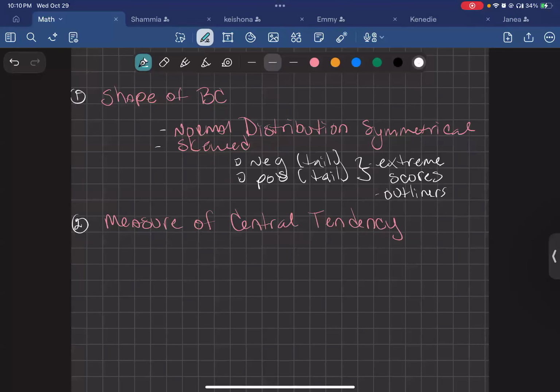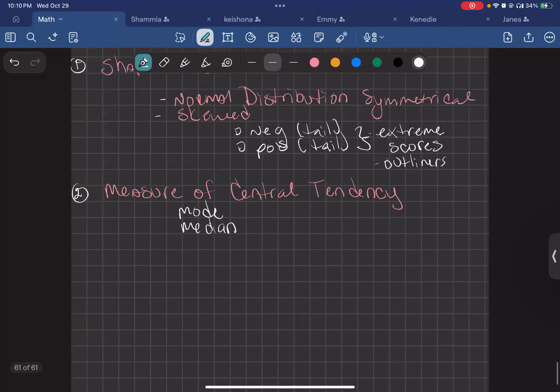Is the data in the middle? We know that the mode, the median, and the mean are all in the middle of the bell curve. They all start with M's, so if they all start with M, you can think about it being in the middle of the bell curve.